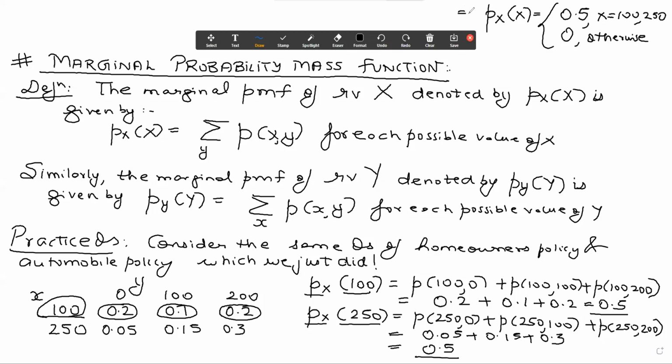This is my marginal probability mass function of the random variable X, which is Px of x, which is 0.5 when x takes the value 100 or 250 and 0 otherwise.